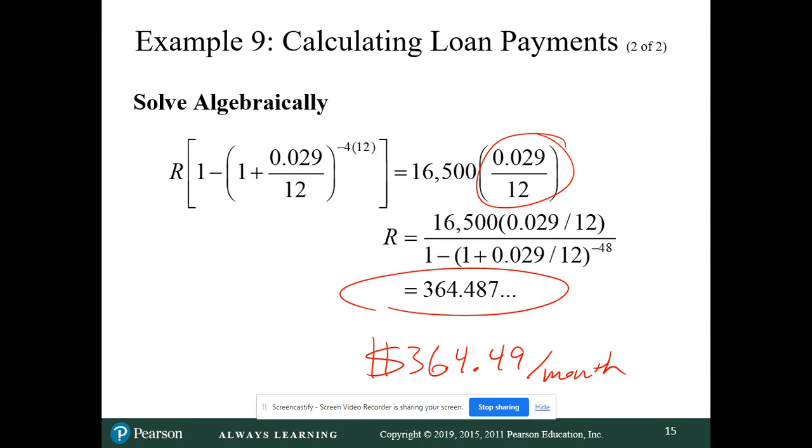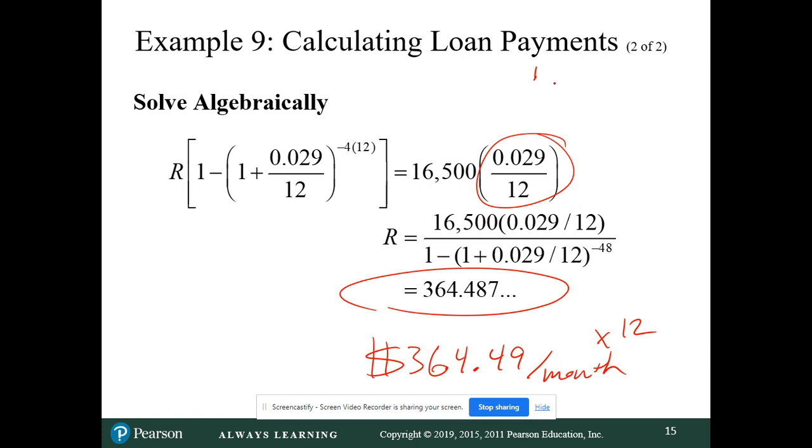$364.49 per month. Now, if you actually took that times 12, you get 4,373.88. Oh, shoot.